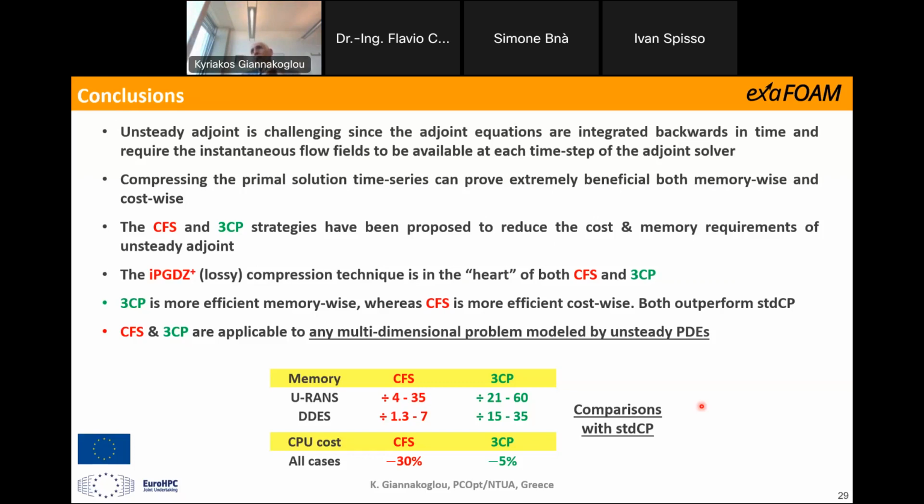But the good thing is that both outperform standard CP. And don't forget that both methods are applicable to either discrete or continuous adjoint, which I kept for the end of my talk.